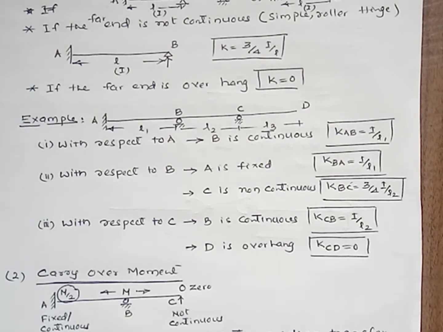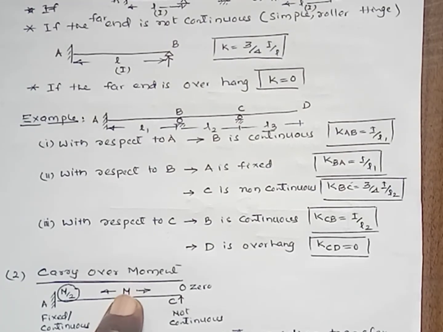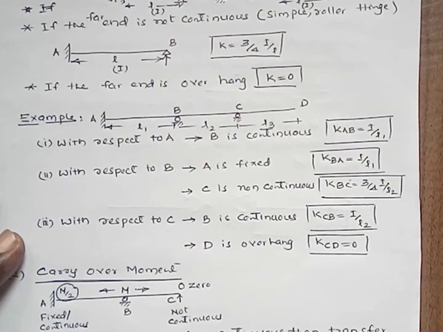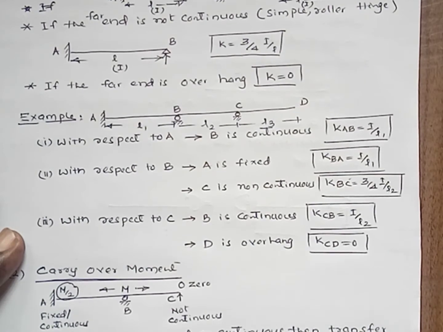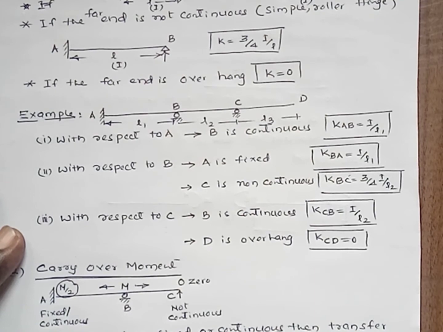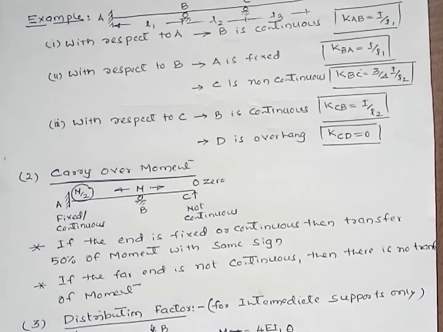If the moment is clockwise, then 50% of this moment is transferred to B. Similarly, here this is the end support, this is not continuous, then there is no transfer of the moment, that is 0. If the end is fixed or continuous, then transfer 50% of the moment with the same sign. If the far end is not continuous, then there is no transfer of the moment. So please remember.